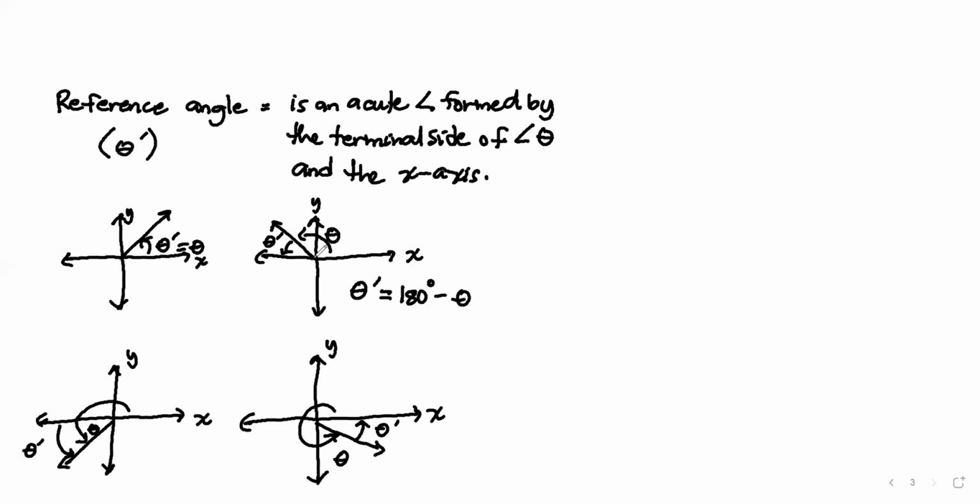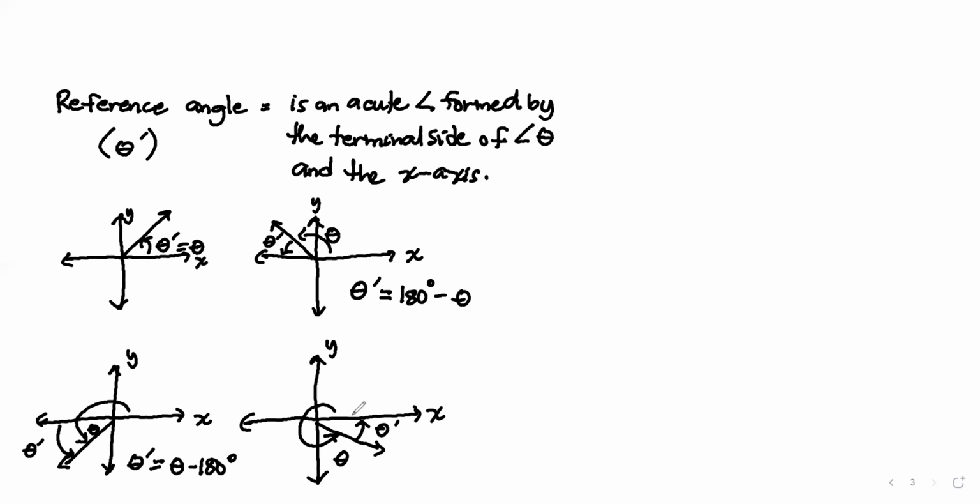Next, if the theta falls in the third quadrant, to get the reference angle, it's the theta minus 180 degrees. Here, this is the terminal side of this theta, and this is the x-axis. Therefore, this is the reference angle.